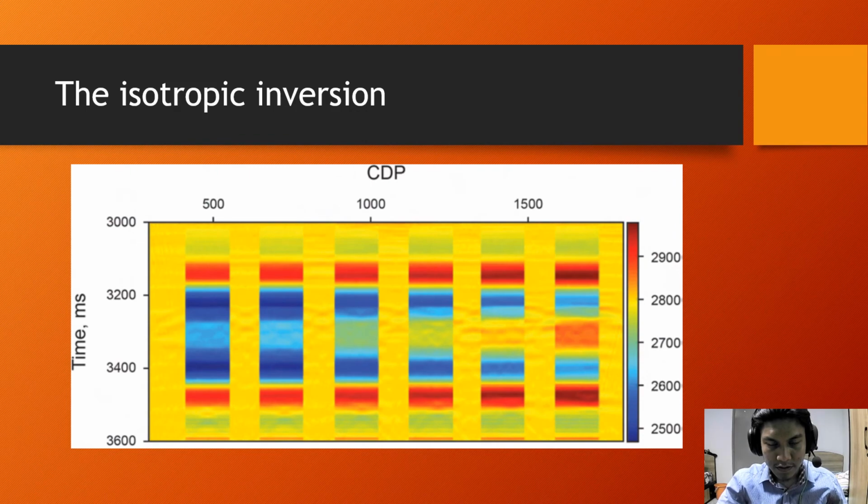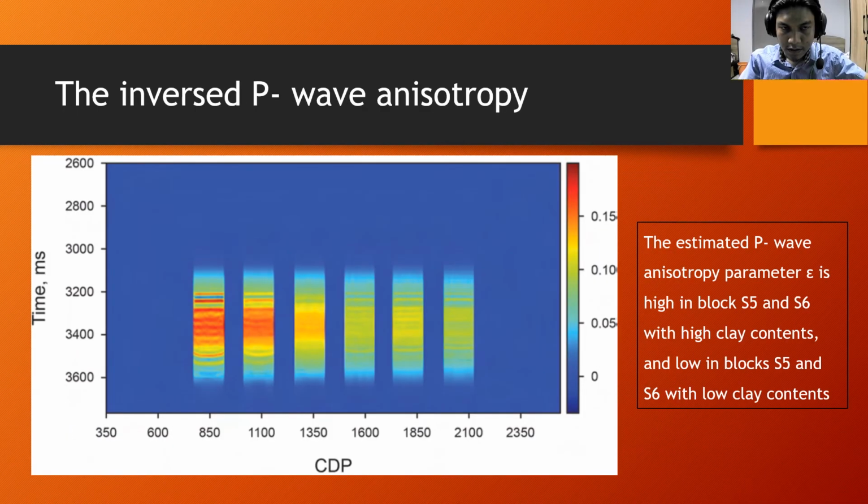This figure shows the second result, which is the isotropic inversion. However, this result represents less accuracy compared to the result shown before, which is the 3-term inversion result. So here we have the third result.